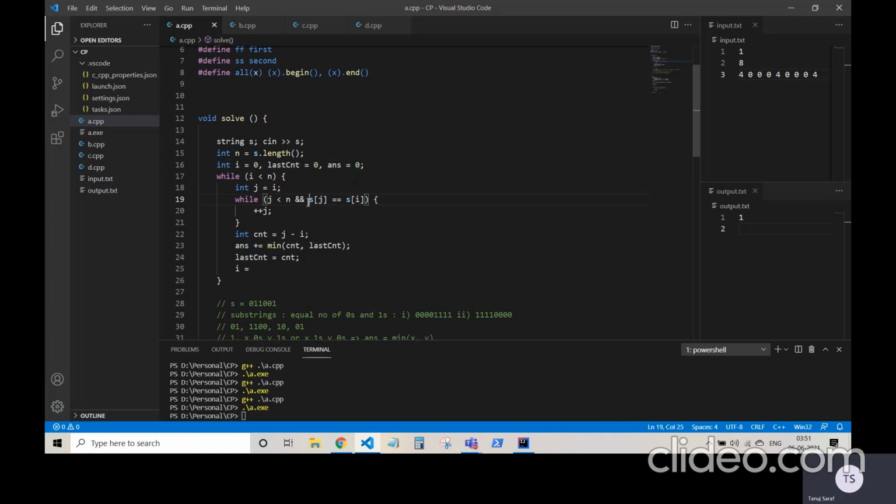The moment it breaks, that particular j would be the s of j that is not equal to s of i, and the next time I enter the loop, I would like to continue from that point onwards. This is all there is for this problem, and we would just output the answer from here.